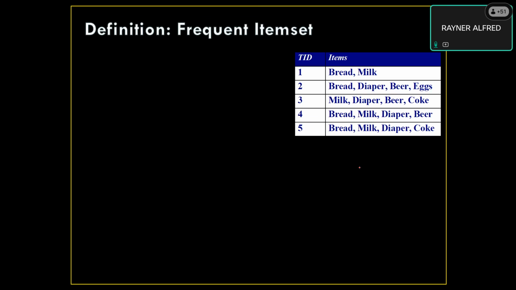Let's take a look at the definition of frequent item set, because as I mentioned just now, the Apriori algorithm highly depends on the frequency.